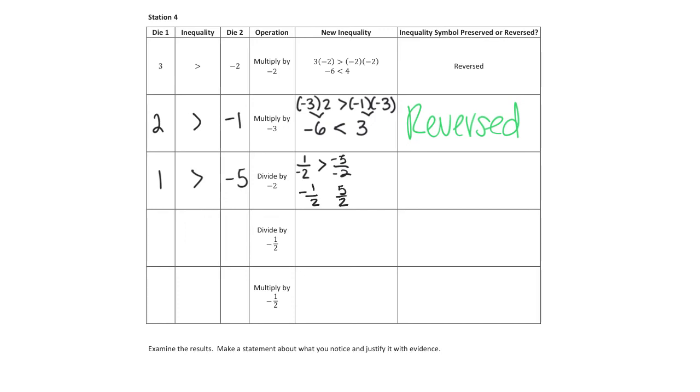And I know that positive 5/2 is going to be greater than -1/2. And so I know that -1/2 now is less than 5/2. Now let's look to see if our symbols changed. They did, so they are reversed.